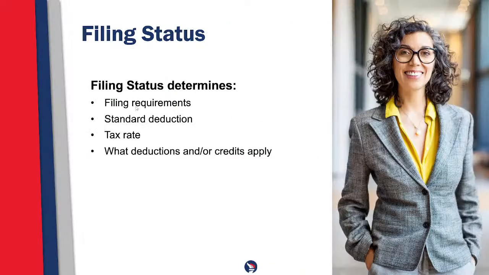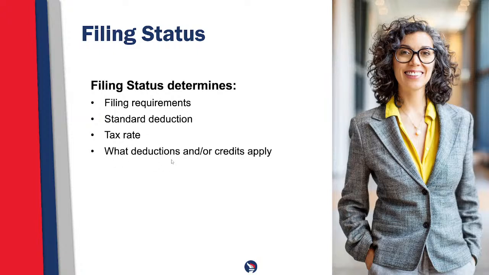Your filing status determines your filing requirement. Remember, different filing statuses have different standard deductions, which changes your filing requirements. It also changes your tax rates. The single tax rate goes up at a higher rate than head of household, and head of household goes up at a higher rate than married filing jointly. Married filing separately goes up at the single rate.